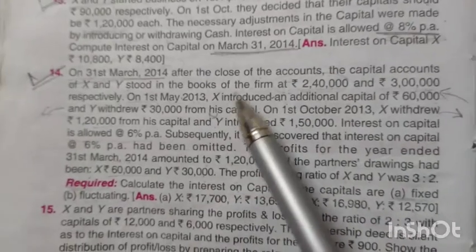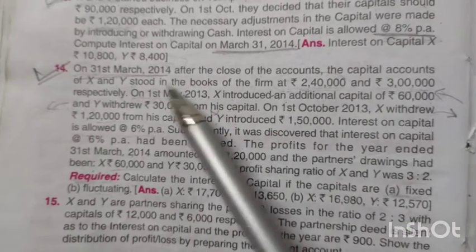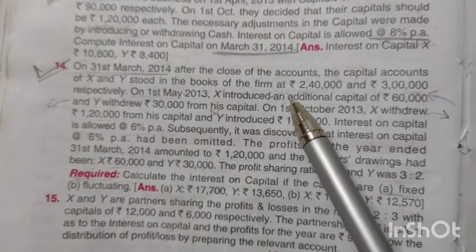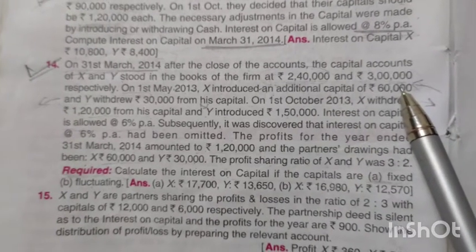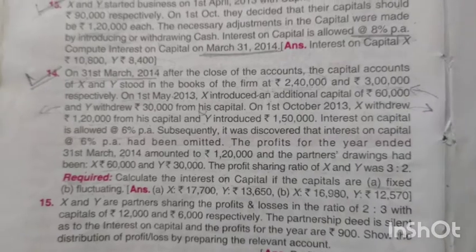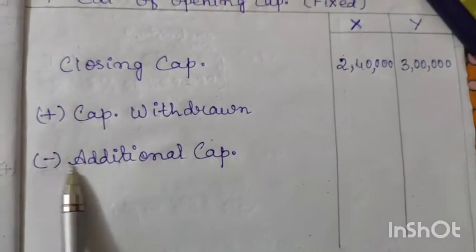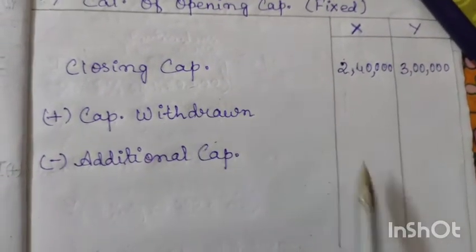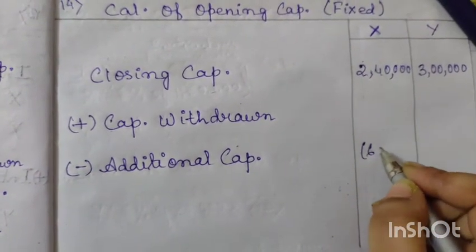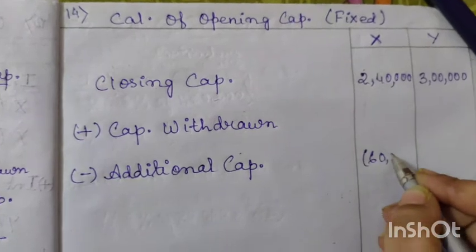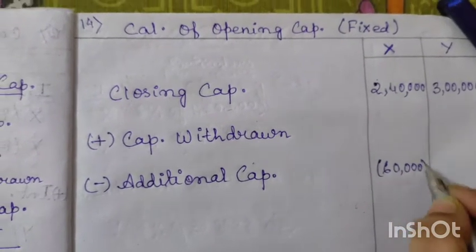Now next what is said, see, on 1st May X introduced additional capital 60,000. So what is the additional capital of X? 60,000. So here in minus additional capital we will write in X column in bracket 60,000. Okay.